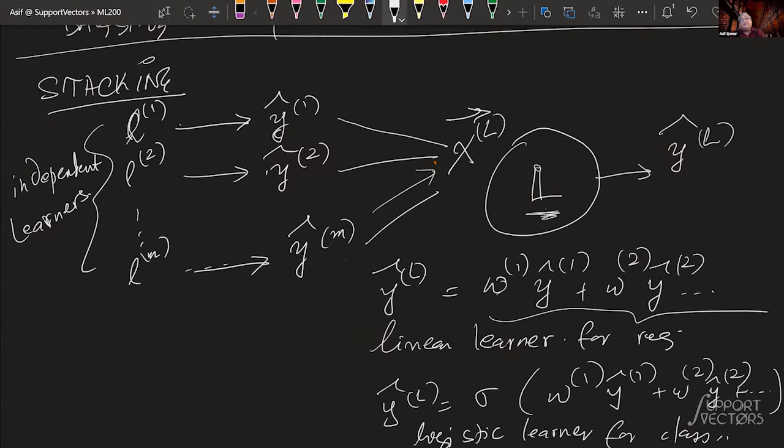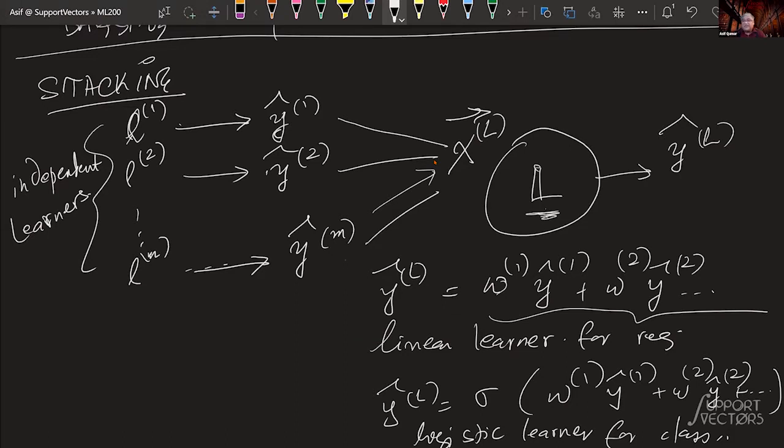What does the last level learner do? It treats the predictions of each of the learners as its input and asks, can I see a pattern in the way they're predicting, and the strengths and weaknesses in the prediction? Maybe some learner is predicting well in some region and not in other regions of the feature space. So can I do further learning on the learners themselves?